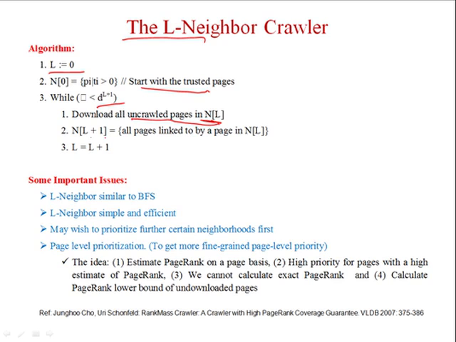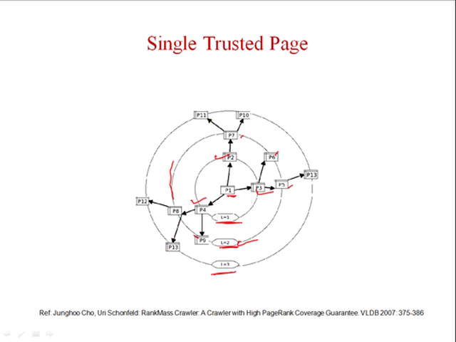All pages linked to the pages in N_L, and then L is equal to L plus 1. This means, for example, it starts here, downloads all pages at stage L plus 1, and then sets L equal to L plus 1.